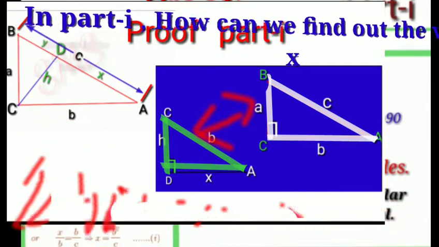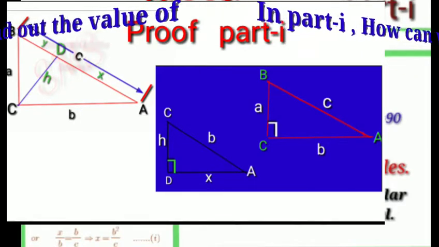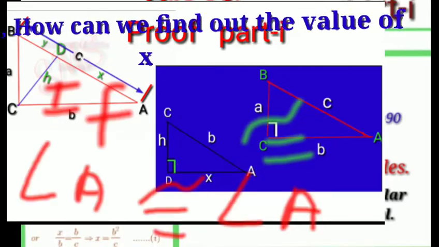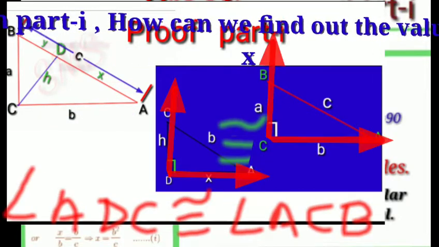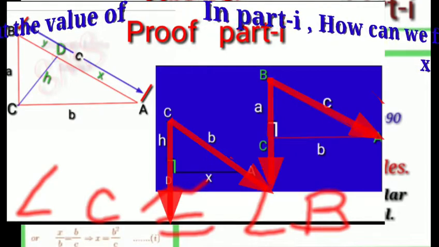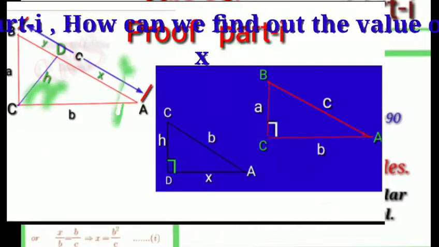Two triangles are similar if their angles are congruent, meaning angle A congruent angle A, angle ADC congruent angle ACB, angle C congruent angle B, and their corresponding sides are proportional, meaning AD over AC is equal to DC over CB is equal to CA over BA. Then triangle ADC is similar to triangle ACB.